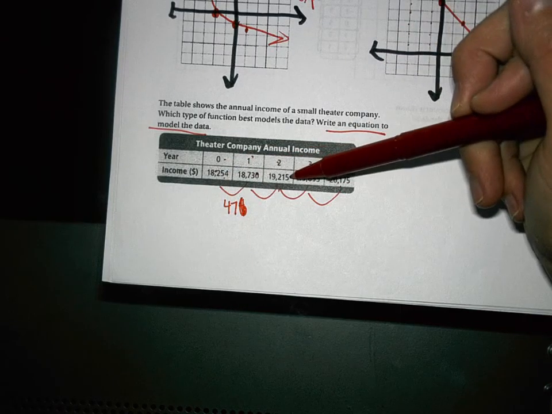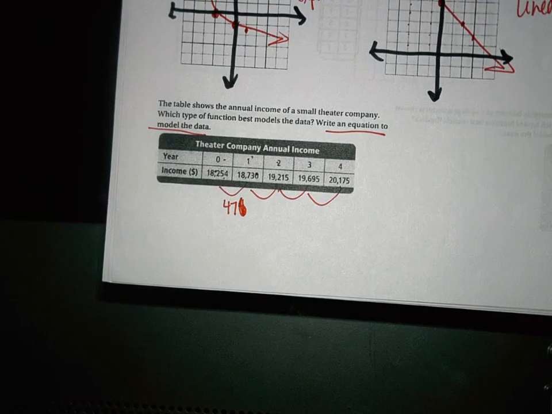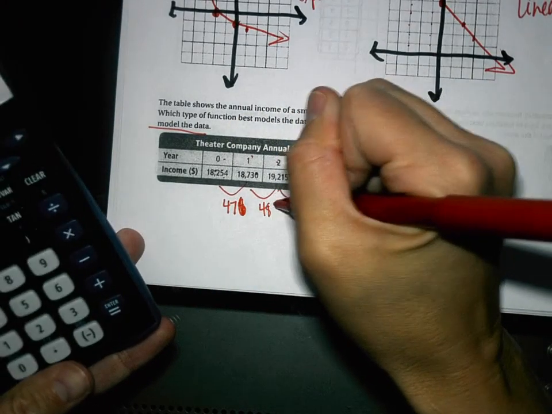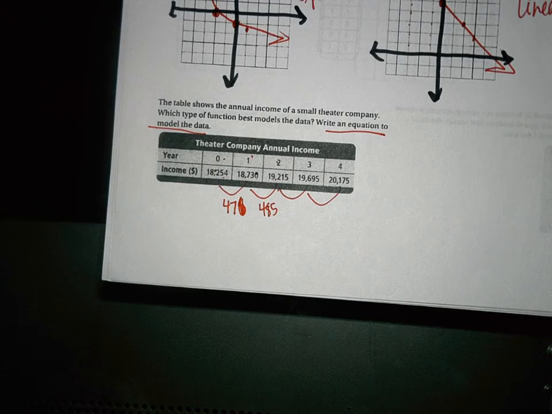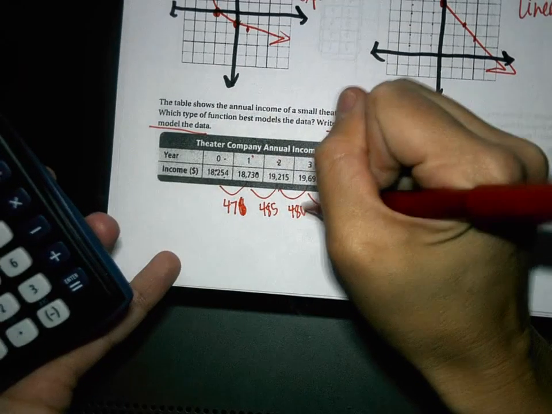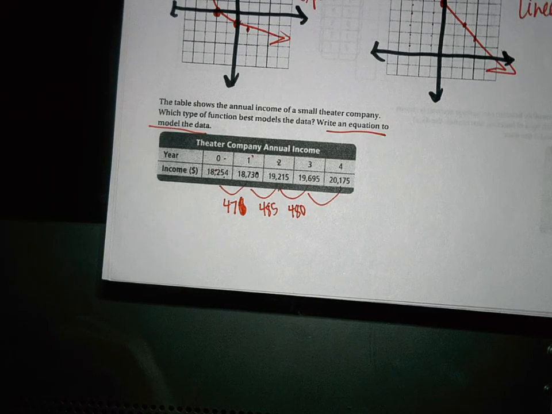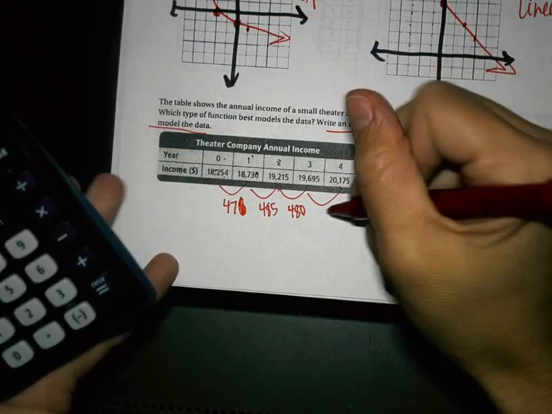Now I'm going to take 19,215 minus 18,730, and I get 485. Then I'm going to take 19,695 minus 19,215, and I get 480. 20,175 minus 19,695 also equals 480.